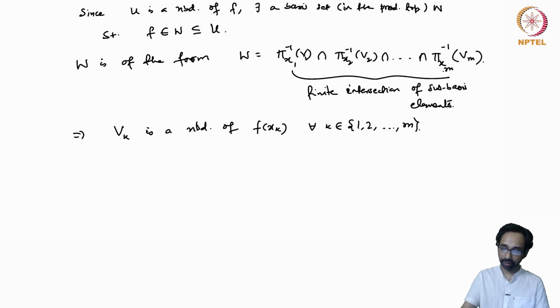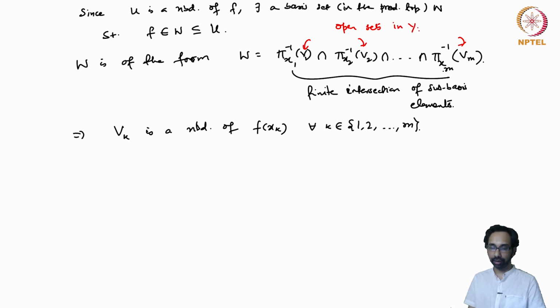So all of these vk's are open sets in Y, and W is an intersection of the pre-images of these open sets under the coordinate projection maps pi xk. And so this means that fxk belongs to vk, and so vk is a neighborhood of fxk for each k.